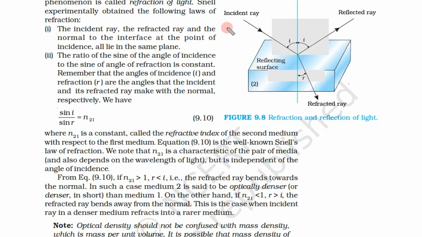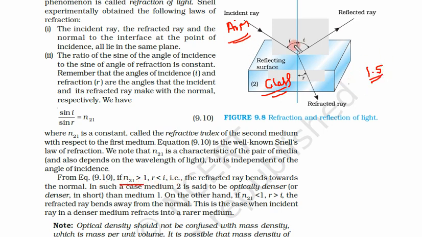We can assume that the outer material is air and this material is glass. Then the refractive index of glass in comparison to air is, let us assume, 1.5. It is greater than 1.